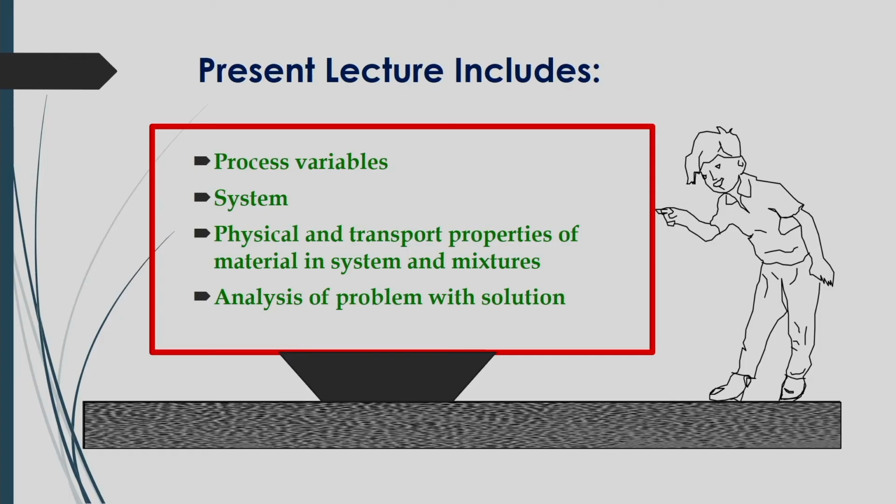Under this module we will discuss the variables and properties of the material in the system on which chemical engineering processes depend. We will consider which process variables are important to assess the process efficiency in a particular system, how those process variables affect the efficiency of the process system, as well as the basic principles of those variables, like physical or transport properties.